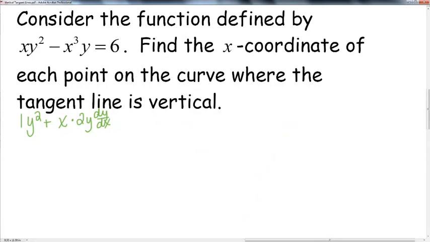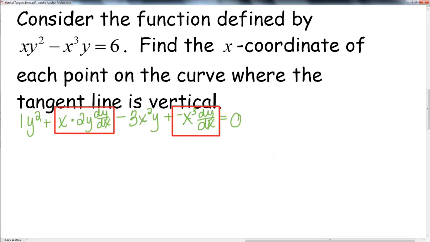And I'm going to do the same for the second. The derivative of the second is going to be negative 3x squared y, plus my first, negative x to the third, times the derivative of y, which is dy dx. And that's going to be equal to 0. And so I'm going to collect all my dy dx's and put them together. I have a dy dx here, I have a dy dx over here.